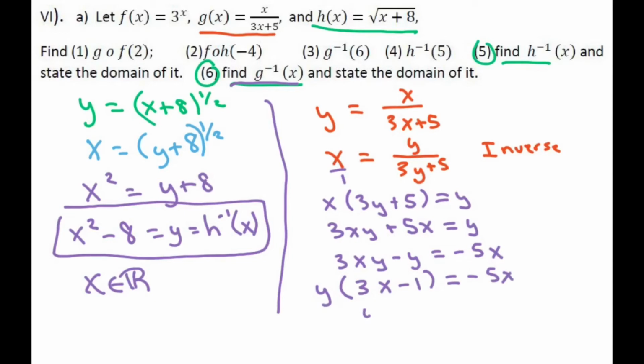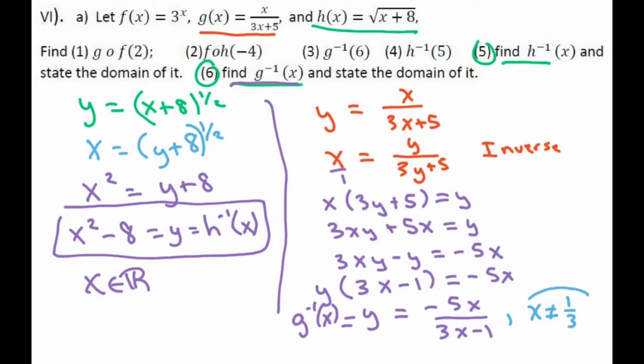Divide everything by 3x minus 1, so you get negative 5x over 3x minus 1. And that is your g inverse. So we have our two inverses. The domain of this one is all real numbers, but x cannot be 1/3 because you can't divide by 0 here.